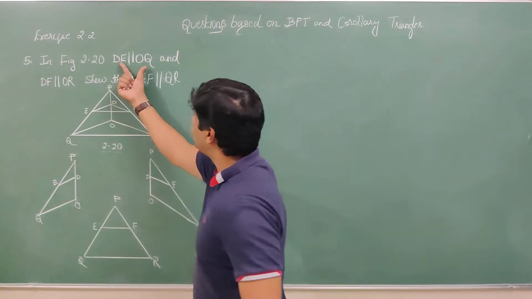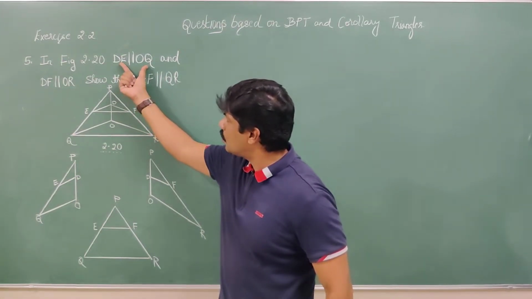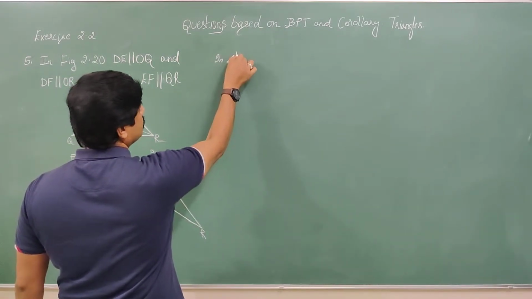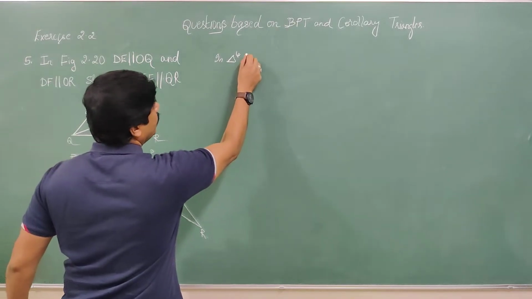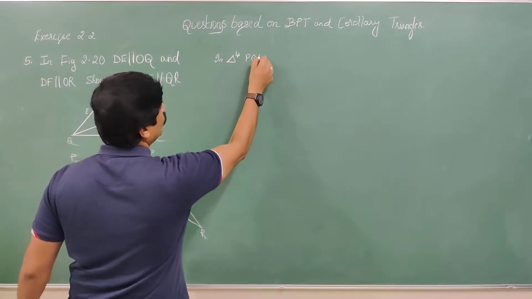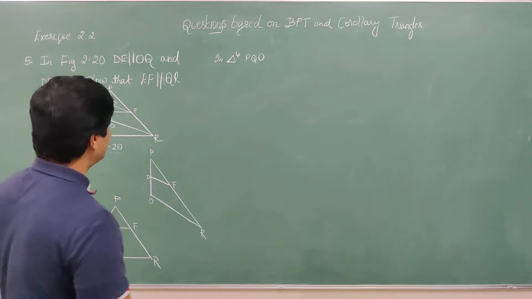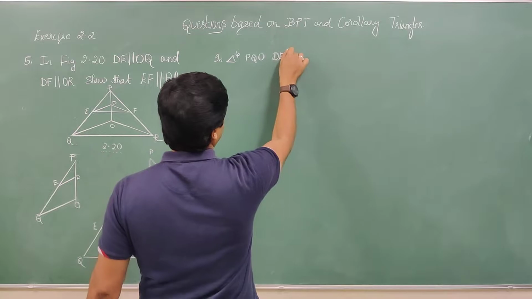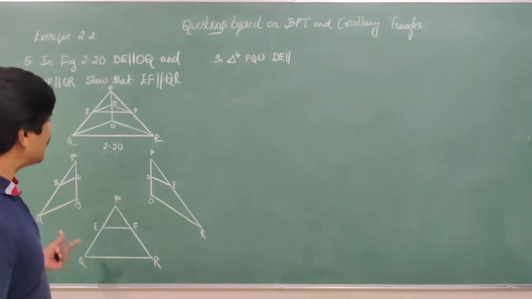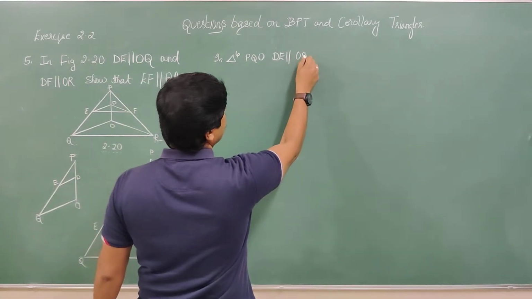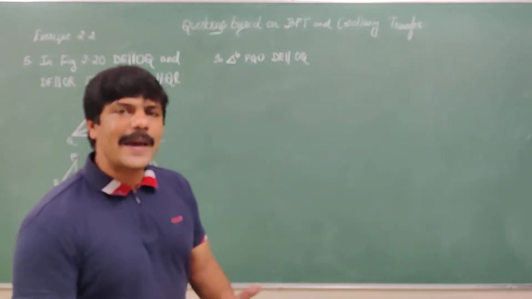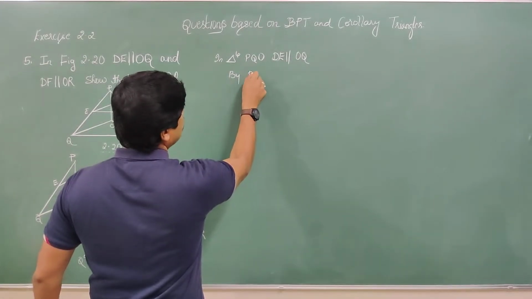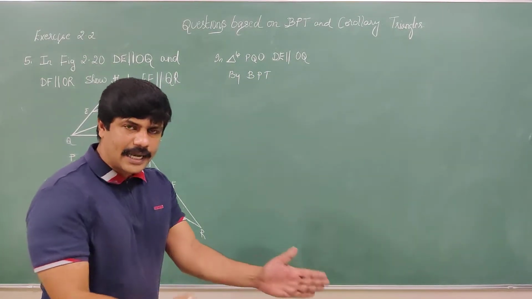What is given is DE is parallel to OQ in triangle PQO, or POQ. When DE is parallel to OQ, then by the basic proportionality theorem it divides the other two sides in the equal ratio.